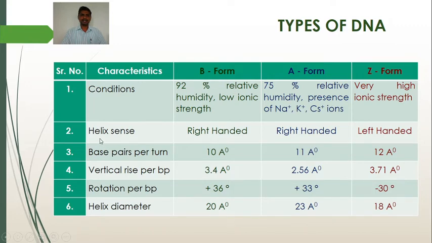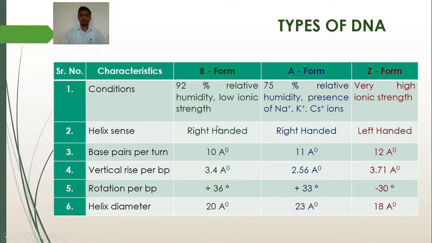The next characteristic is the helix sense. B form is right-handed. A form is also right-handed, while only the Z form is left-handed. The next characteristic is the base pairs per turn.